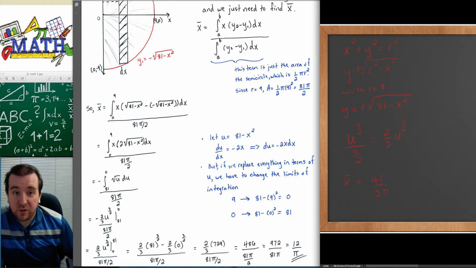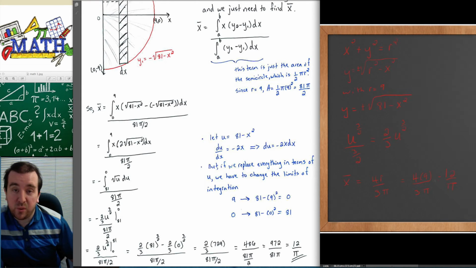Our radius was 9, and if you plug in 9 here, you will see that this indeed equals 36 over 3 pi, which is 12 over pi. So that result holds for every semicircle region: 4r over 3 pi, where r is the radius. Actually, it doesn't have to be a semicircle, it could be a quarter circle. But that's a well-known result that we can use here.